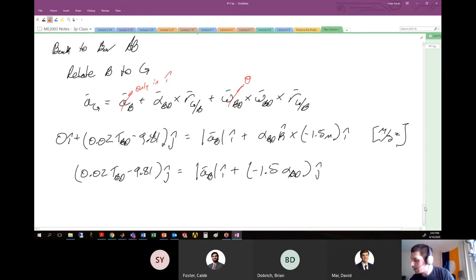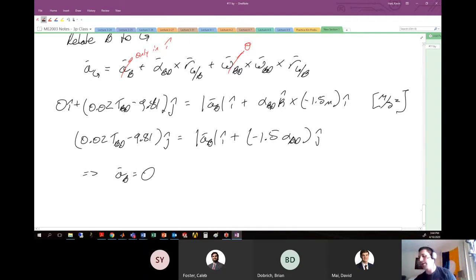But like I mentioned before, you can see here that what's going to result from this is that the acceleration of B is going to be 0, because there's no counterpoint to match this in the i direction. I made mention of that at the beginning of this, but we can explicitly see that now.